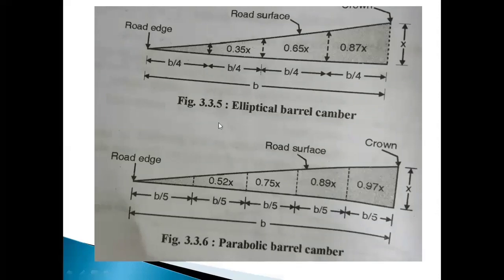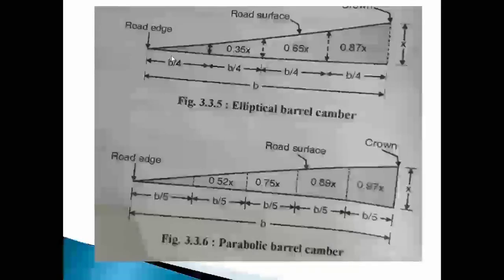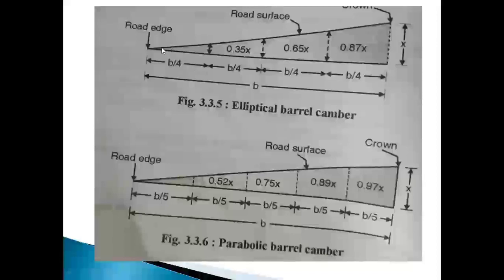One is the elliptical barrel camber and second is the parabolic barrel camber. Now see, it has the continuous curve. First has the continuous curve of elliptical shape. We can draw the curve like that.